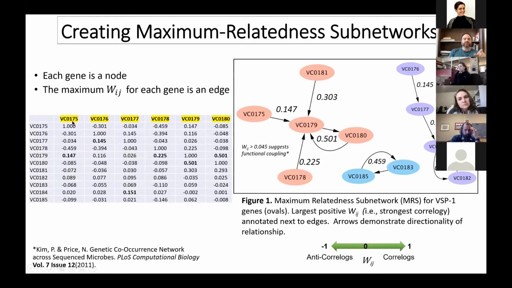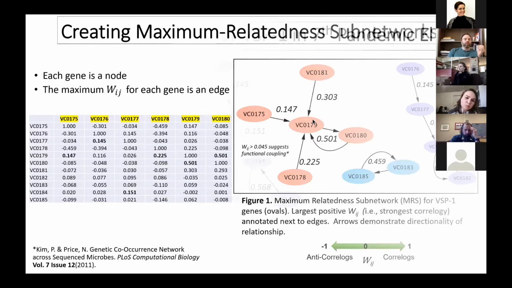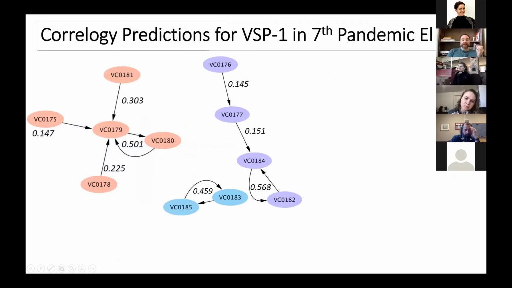So that highest Correlog score becomes an edge, which you've seen here, pointing to 179 with the Correlog score there. And so what was Correlogy able to predict for VSP1, the genomic island, in 7th pandemic LTOR? Well, it reflected two things that were already known.